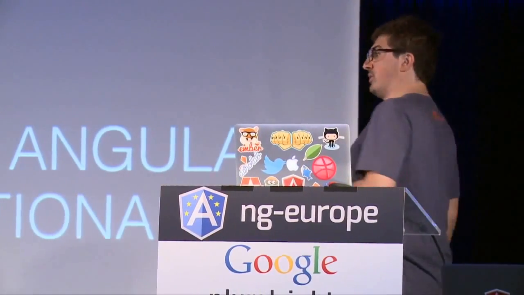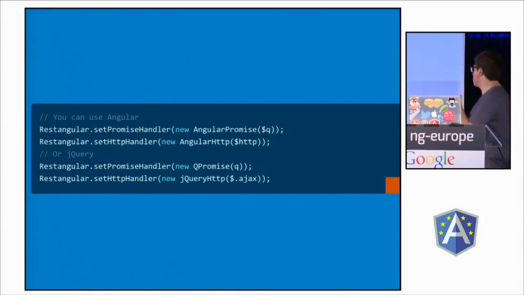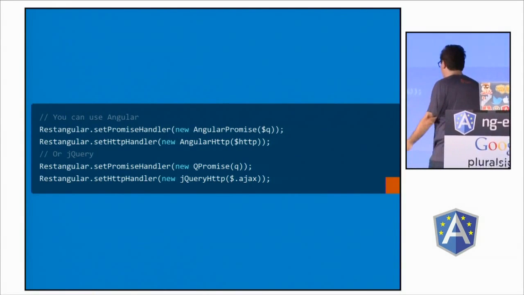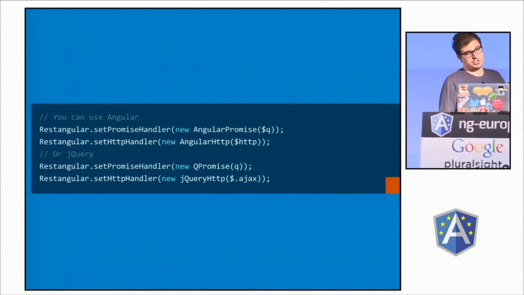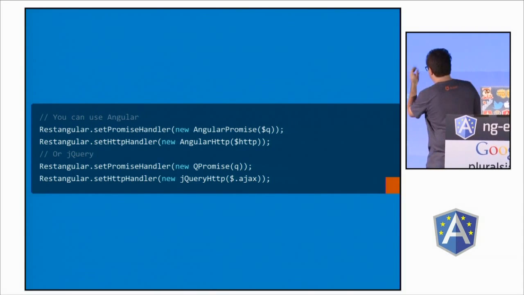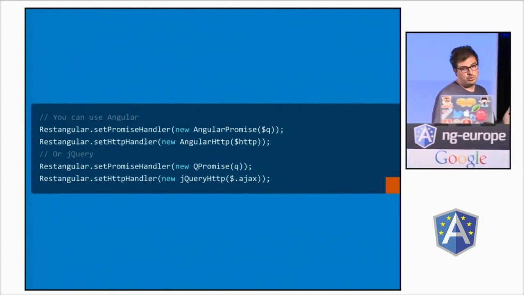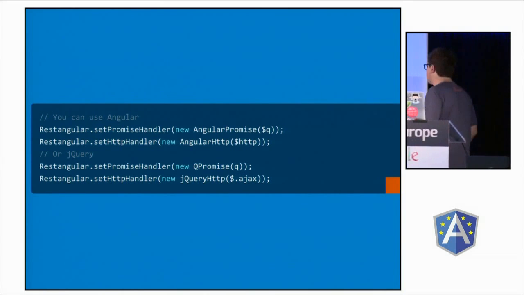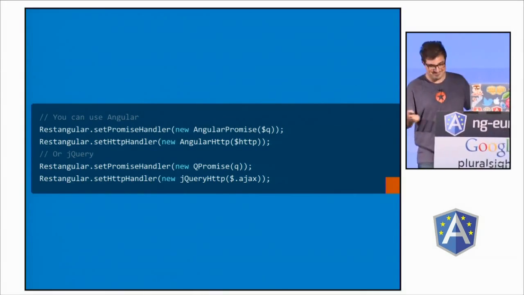What I saw from Restangular is that the only coupling it has to AngularJS is actually $http and $q for promises. The idea, after the refactor, so it's not going to be right now, is that people would be able to use Restangular without AngularJS. I will create a wrapper for $q and $http for Angular, and then you could have a wrapper for regular Q and for $.ajax, for example, from jQuery. That way, you could use Restangular without Angular, even though it's part of the name.